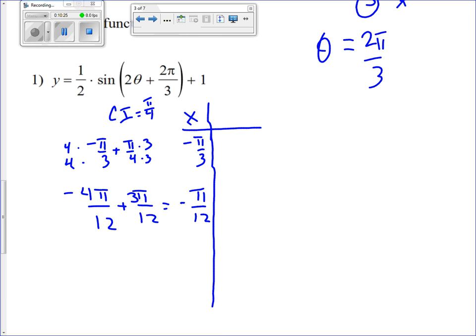So actually negative pi over 12. Okay, so then we're going to take negative pi over 12 and add another pi over 4.